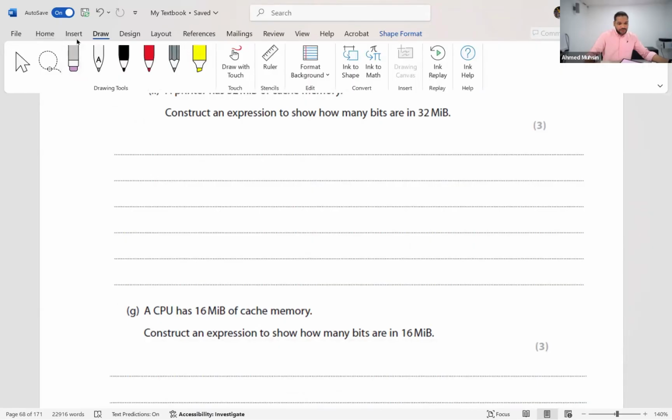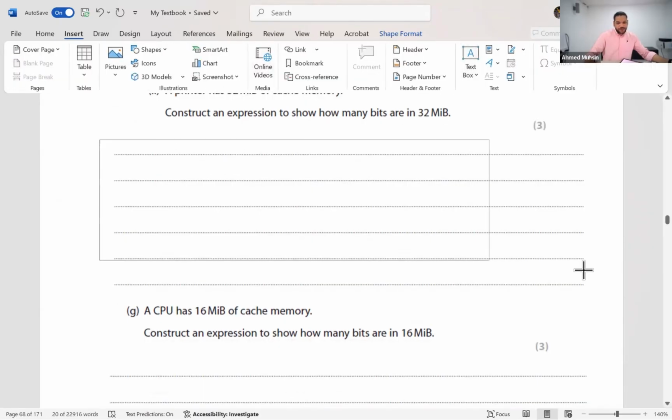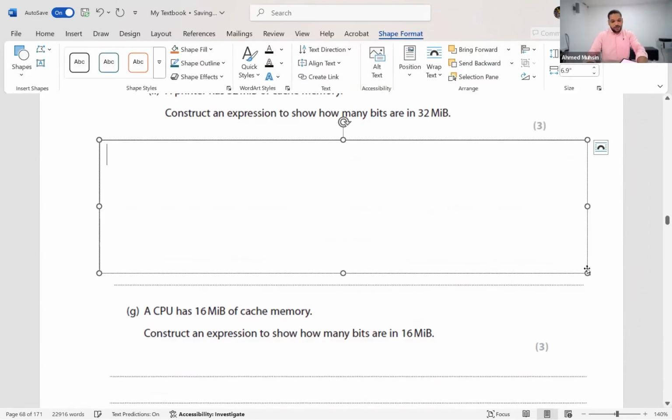So everybody, I'm going to be typing my answer. So everybody, I'm going from big to small or small to big? Big to small. So you need to keep multiplying. 32 MiB. Multiply by how much? 1024 KiB. Girls, guys, how did I come to KiB?